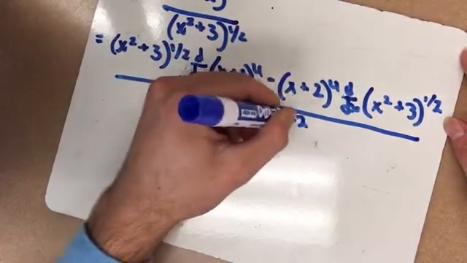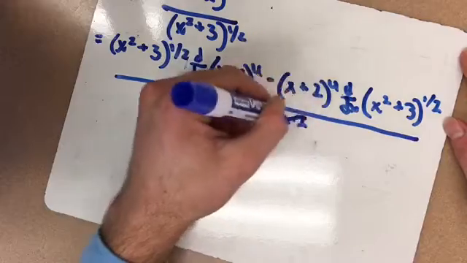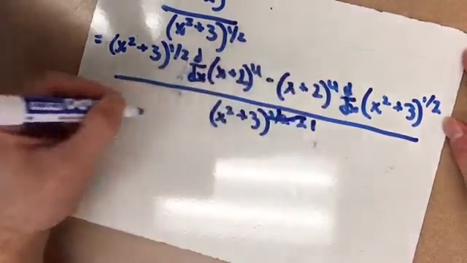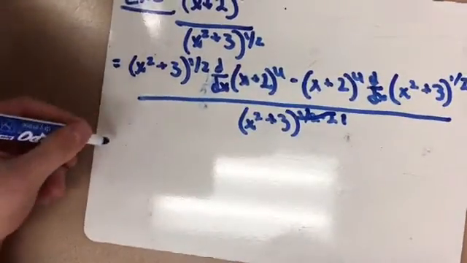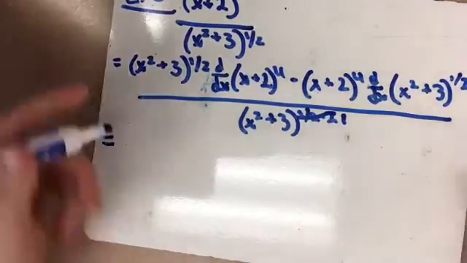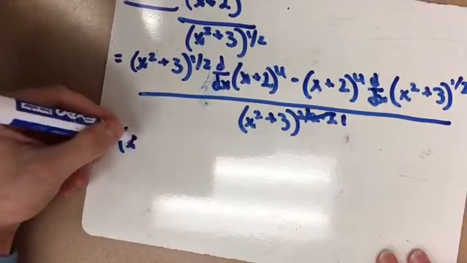So when you multiply the exponents, 1/2 times 2 just becomes 1, so the exponent for the bottom is just 1. Alright, so now we're going to take the derivative.